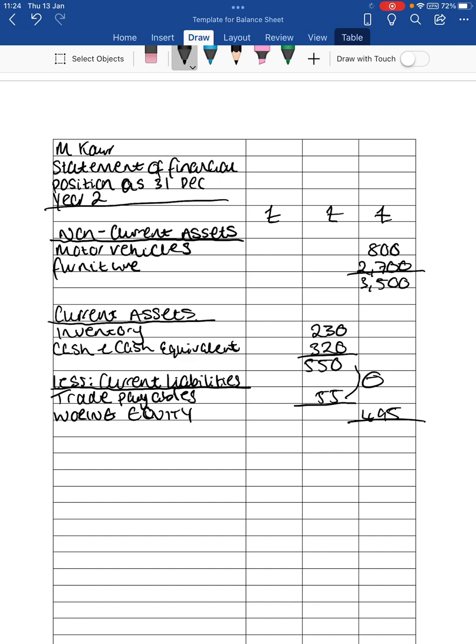Now what we're going to do is add our 495 to our non-current assets, which gives us a total of 3,995. What we're now going to do is take away our non-current liabilities.